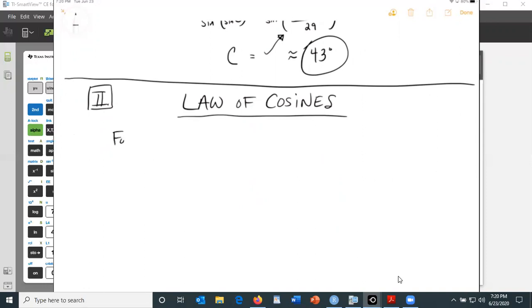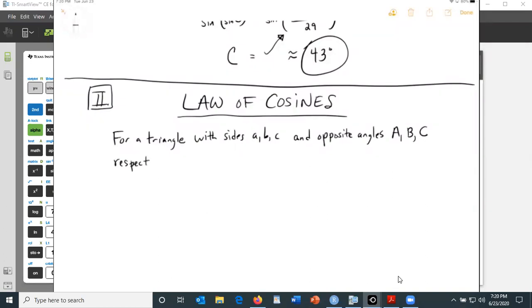So again, for a triangle with sides of little a, b, and c, and their opposite angles, big A, B, and C, respectively. So again, that just means little a goes with big A, little b goes with big B, and little c goes with big C.